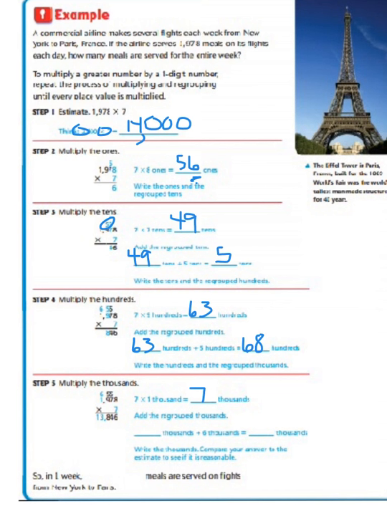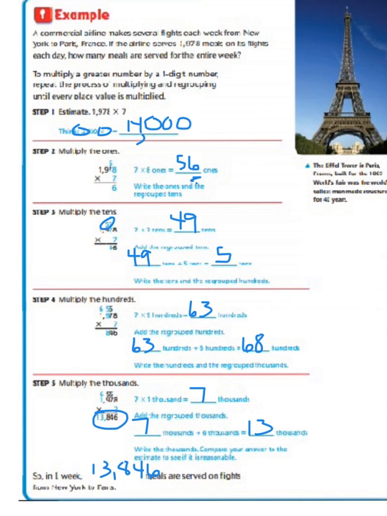Then we're going to add the regrouped thousands. So we have our 7 thousands plus the 6 thousands we had to carry gives us our 13 thousands. So that is the 13,846 that we received. So in 1 week, 13,846 meals are served on flights from New York to Paris.